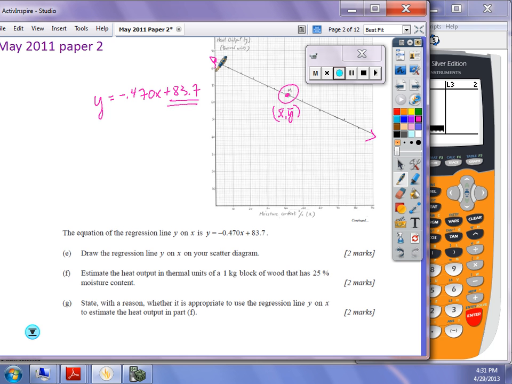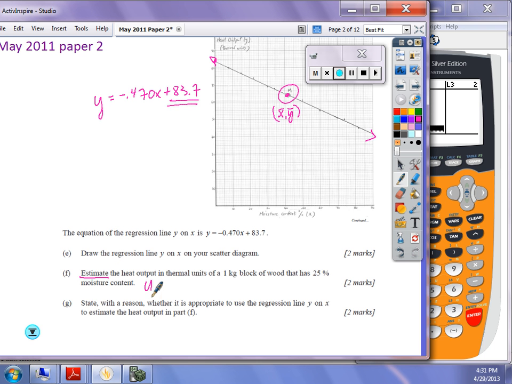Now, the next part, let's see, what does it say? Estimate the heat output in thermal units for a block of wood that has 25% moisture content. Remember on paper 2, the only thing that you can get full marks for with no work is if it says write down.